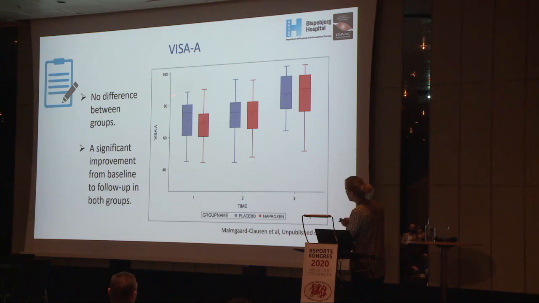Up here you have the VISA score. And as you can see, we found no difference between the groups, but we saw a significant improvement in both groups from baseline to follow-up.